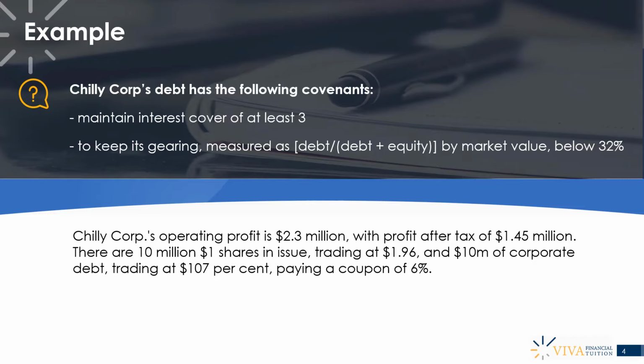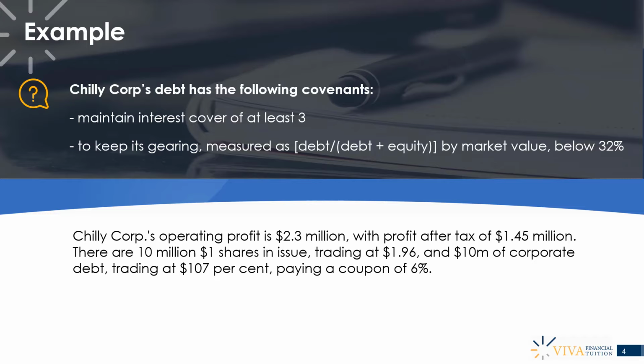Now, if you haven't seen that terminology before, that'll be because you haven't studied corporate debt. What that means is that 107 per cent, that means that for each block of $100 of the debt, because debt always comes in a block of 100, it's trading at 7% above its book value.